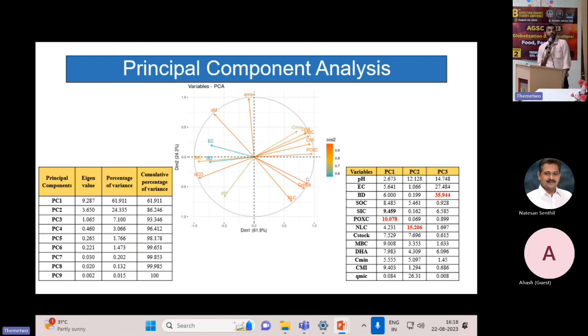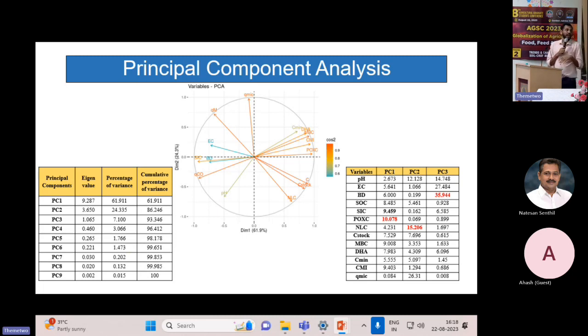Next is the principal component analysis of the different parameters. This was done to study the relation between each parameter, where wider angles between the arrows in the graph show a lesser relation between them, and lesser angles between the parameters show they are more related.